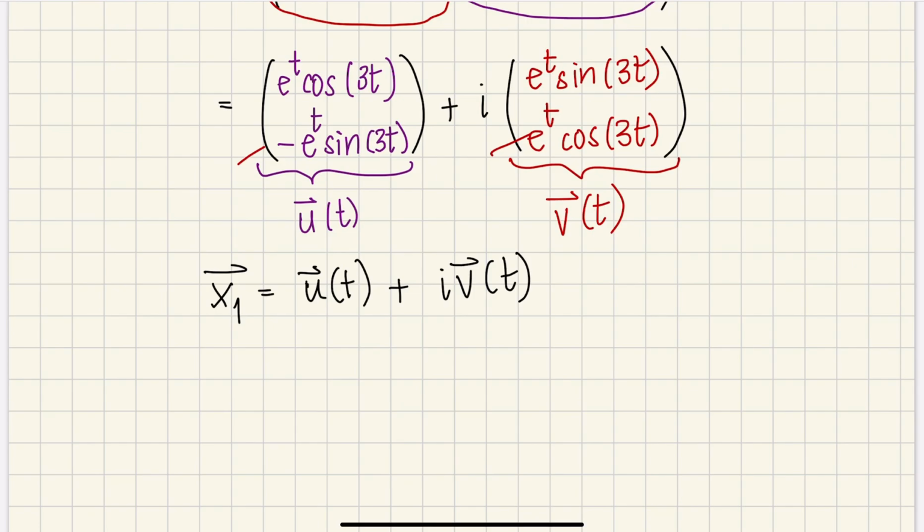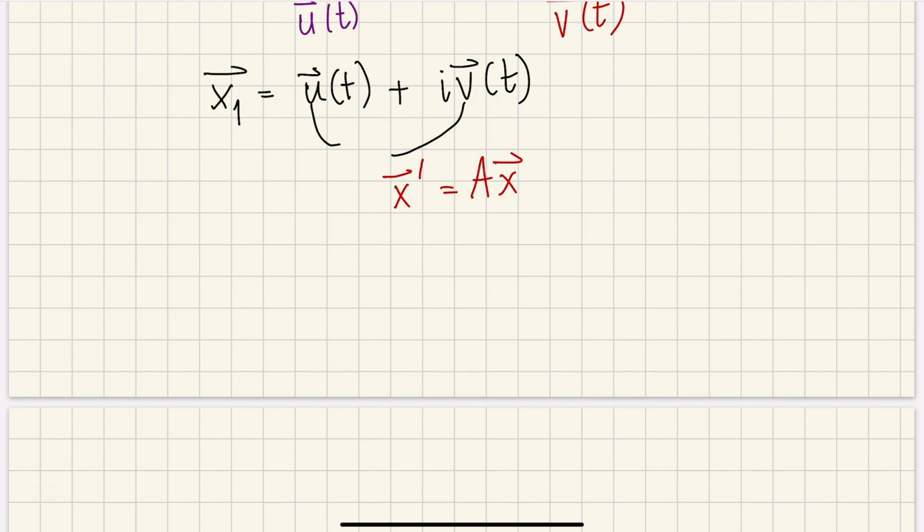u and v both satisfy a system of this form and are solutions of it, and this can be proved. So, if these two are solutions, then the principle of superposition says that their sum is a solution.